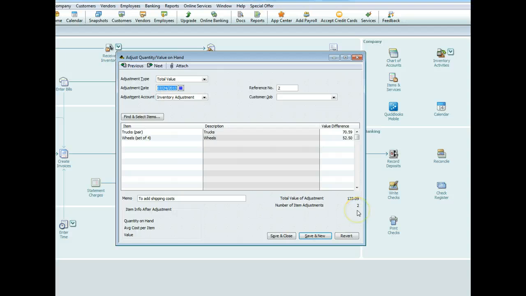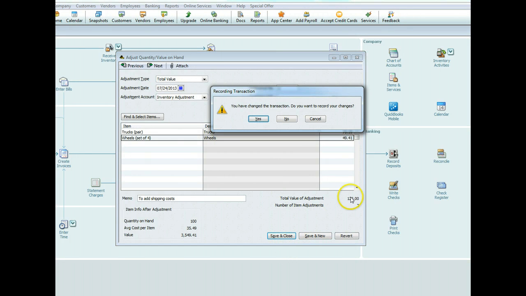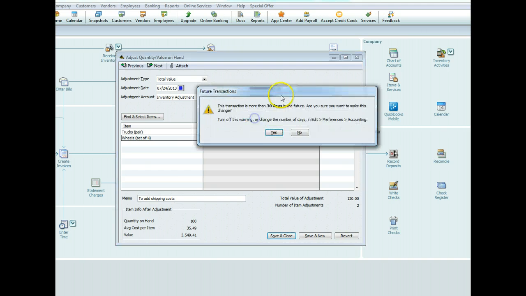Oh, I multiplied times the wrong amount. So let's say the difference 70.59. This is not 52.50. This one should be 49.41. There we go. Sorry, I did the wrong math. 120. That's the right amount.